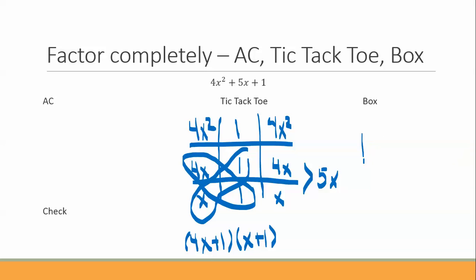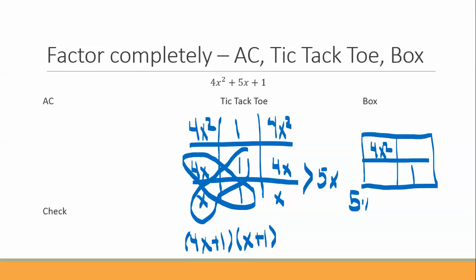In the box method, you would put in what we have. We have 4x squared and 1, and we want those two to add to 5x.